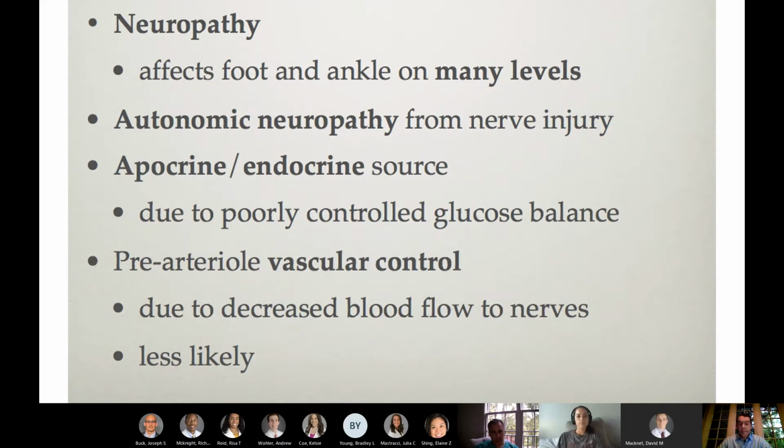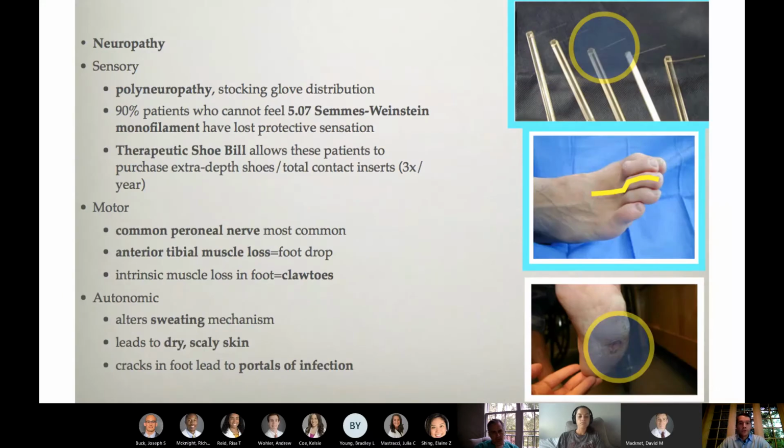So anyways, it's sort of a multifactorial issue. On the test, neuropathy is diagnosed with a 5.07 Semmes-Weinstein monofilament. It's also called a 10-gram monofilament. You'll see the neuropathy in a stocking and glove distribution. Motor involvement is much more likely to be present on an EMG than seen functionally, but it affects the peroneal nerve first.